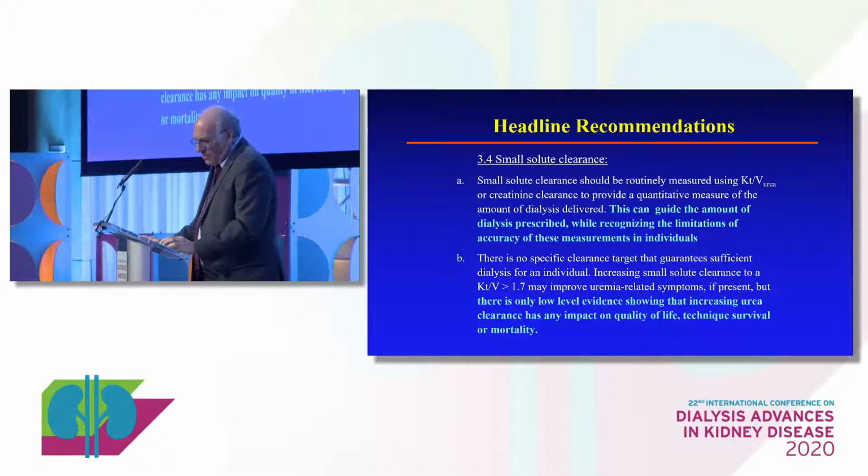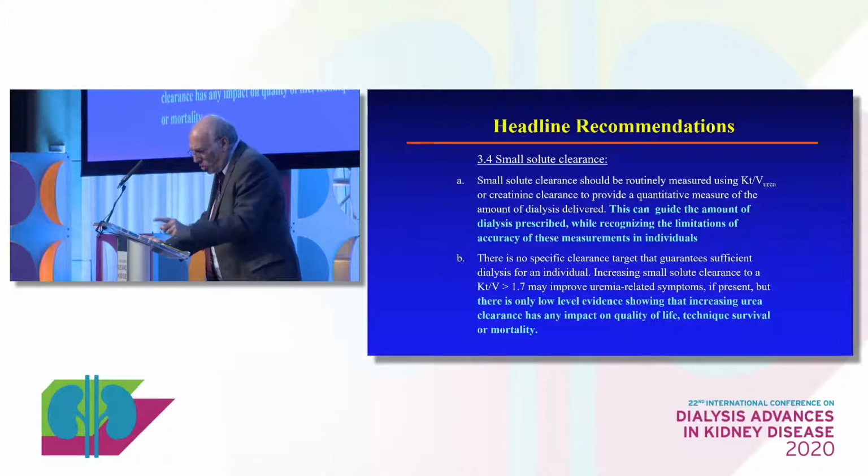And finally, small solute clearance. They didn't wipe it off the page entirely. They say it still should be routinely measured using either KT/V urea or creatinine clearance. This can guide the amount of dialysis prescribed while recognizing the limitations of accuracy. I think the most important things are what follows.